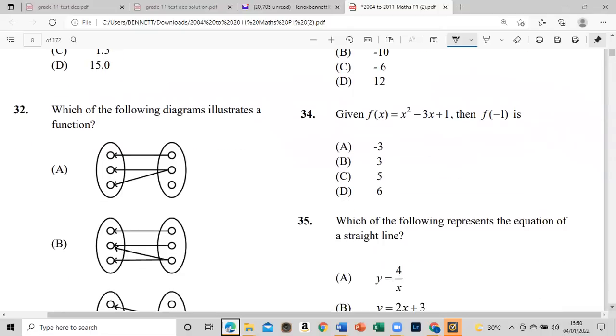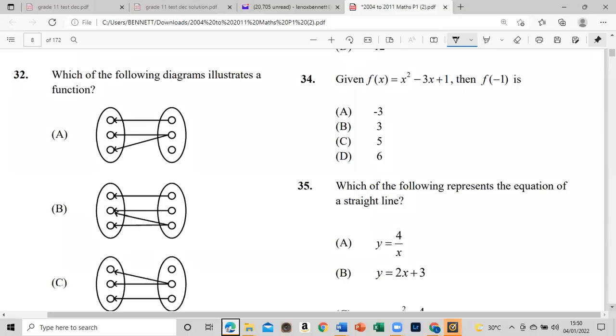Alright, 32. Which of the following diagrams illustrate a function? Oh, what we're looking for is that one of these. I think this would be the x's, guys. You see them turn it around sometimes. So this is not a function because more than one x goes to more than one y, right?